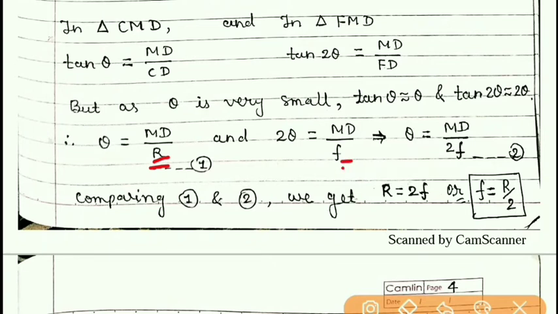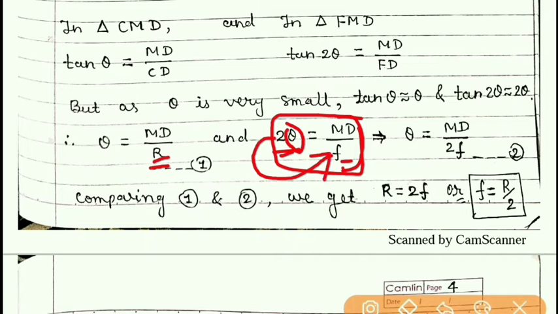Now students, here in this equation 2 theta is equal to MD upon f, and so if we make theta the subject, then 2 will come here in the denominator of the right hand side. So that's why I have written theta is equal to MD upon 2f from this equation to this equation.